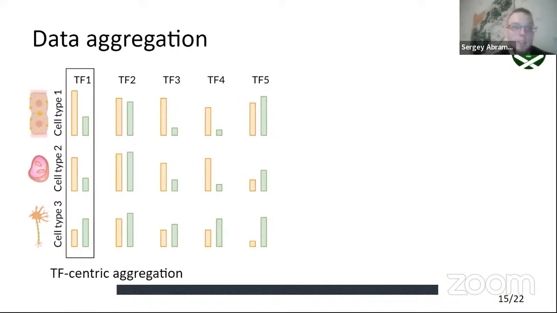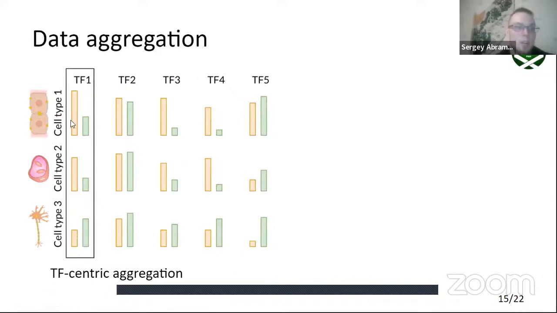So to increase the sensitivity of the method, we can aggregate the data. For example, if we want to know transcription factor specific ASBs, we can use all the experiments with this transcription factor from different cell types.